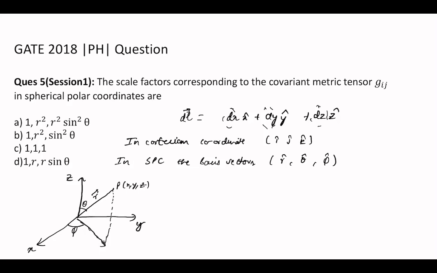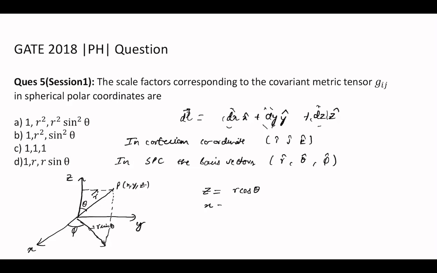Now, z will be nothing but r times cos theta. Since z is r cos theta, this projection is r sin theta.